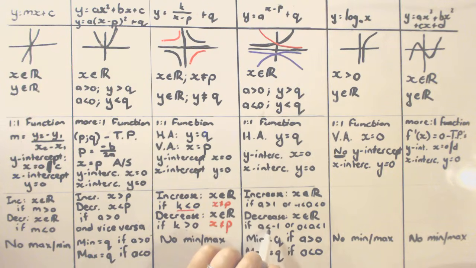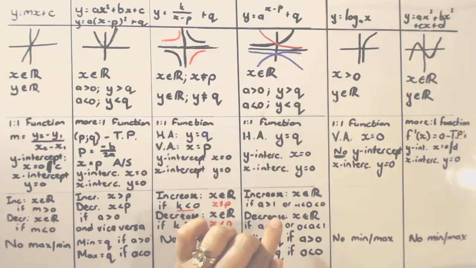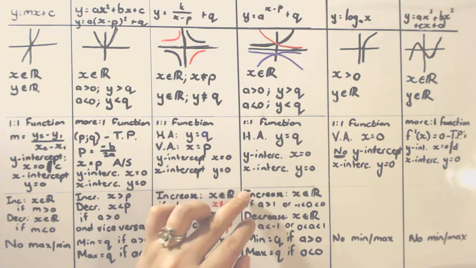So if you have a negative number or a positive fraction, between 0 and 1 is positive fractions, then you can say the graph decreases for all values of x, or for x an element of R.